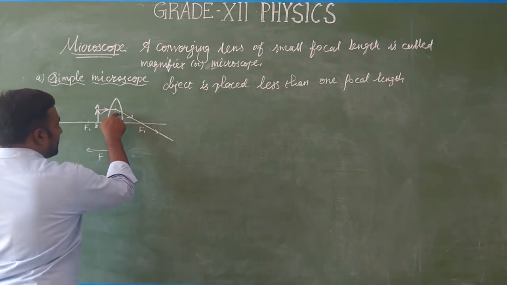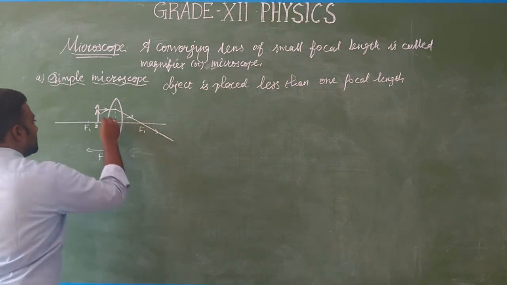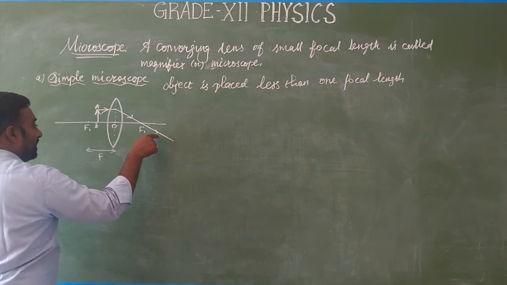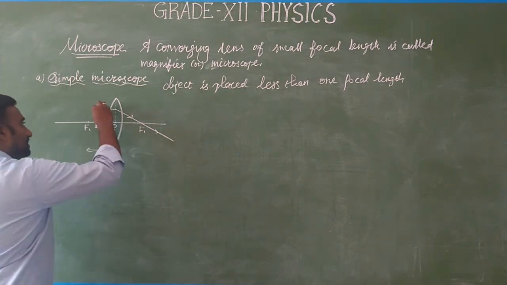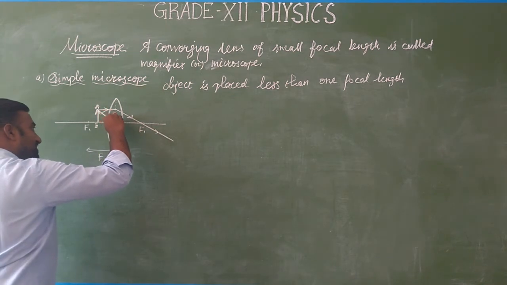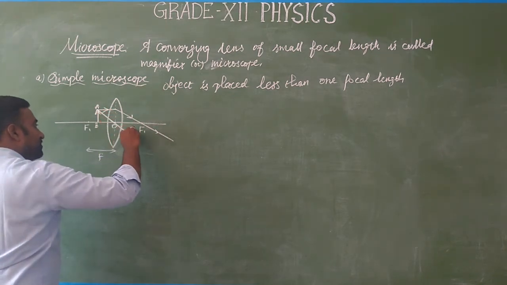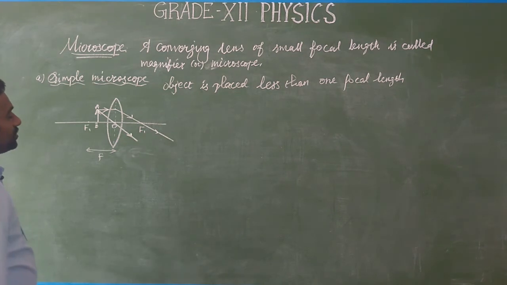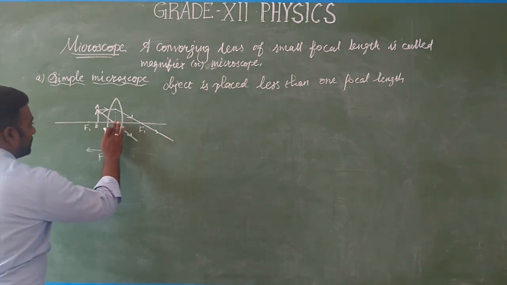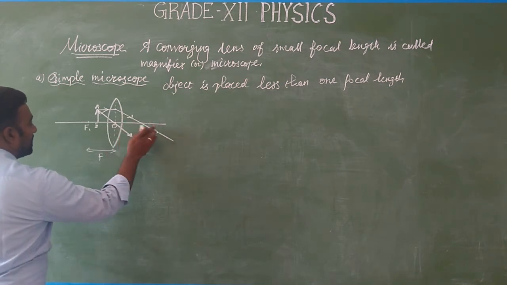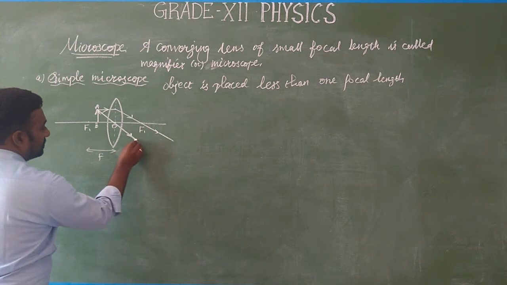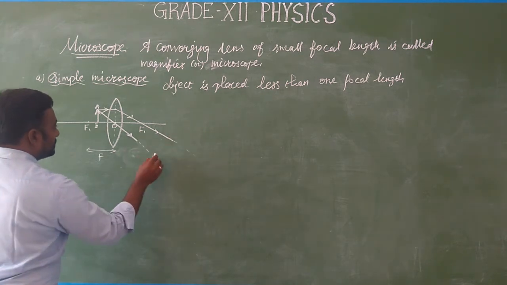The second ray passes through the optic center, and it goes straight without any deviation. So how do the two rays go? The two rays go divergent, diverging away from each other.